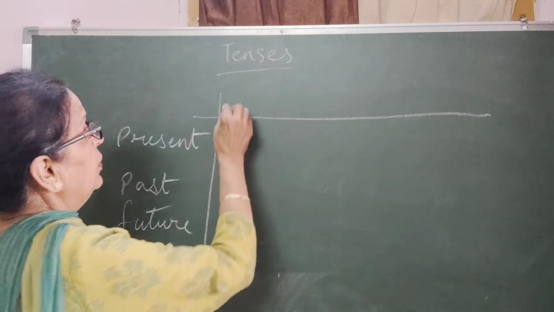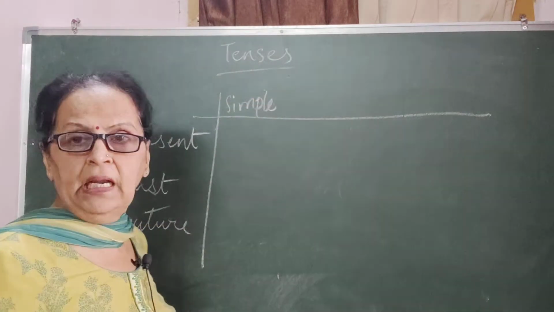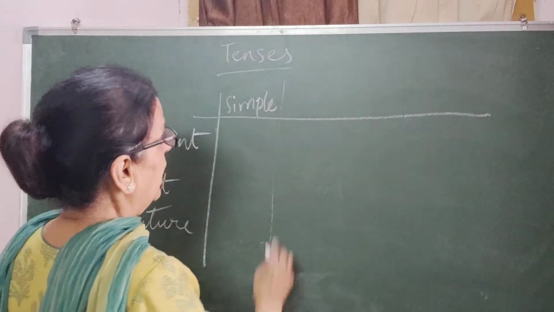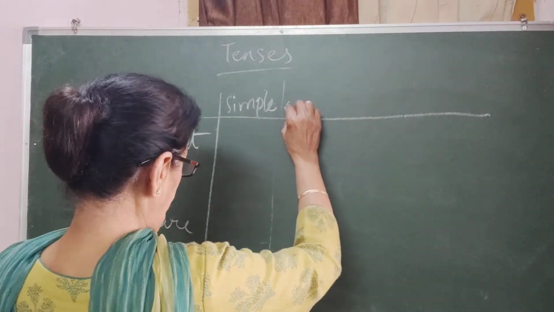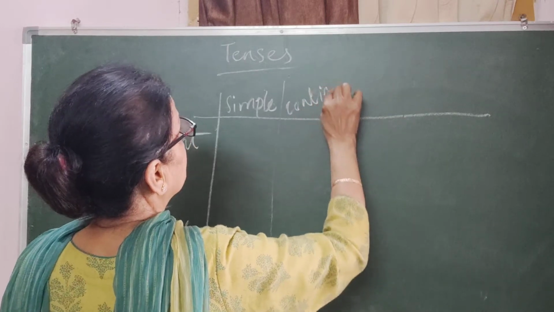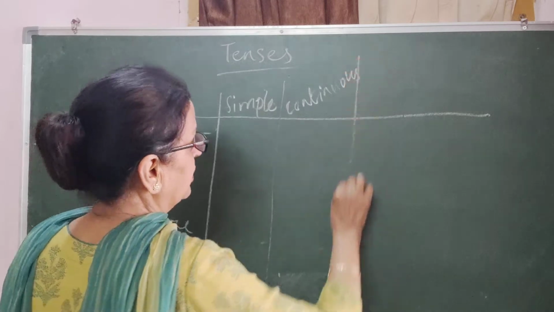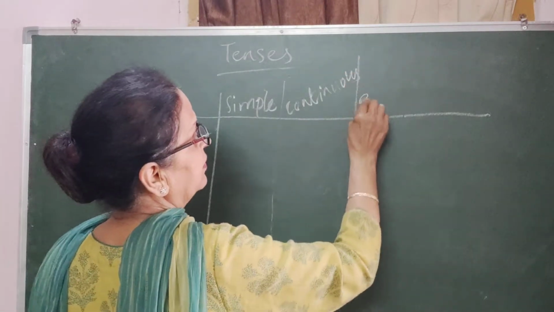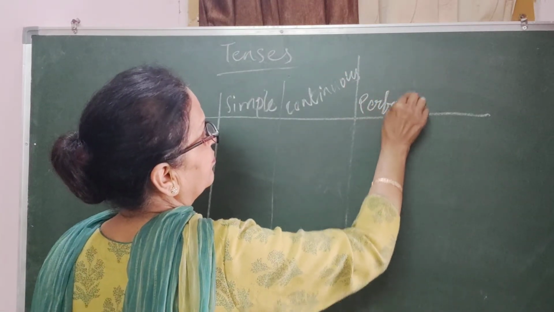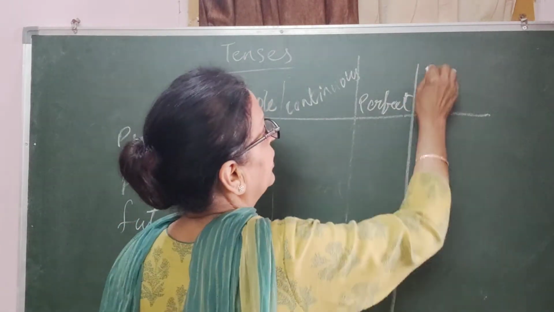Let me tell you, they are simple, also called indefinite. Second one is continuous. The third one is perfect. And the last one is perfect continuous.